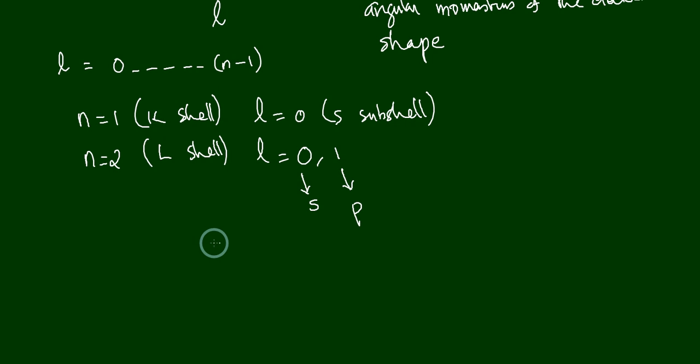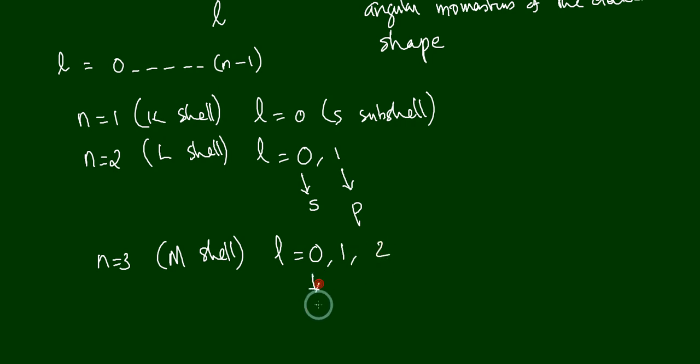Now we can go for the next one, that is n is equal to 3, that is M shell. Here L has the minimum value 0 and the maximum value n minus 1, which is 3 minus 1, that means 2. Therefore, it can have the values 0, 1, 2. 0 represents S subshell, 1 represents P subshell, and 2 represents D subshell.